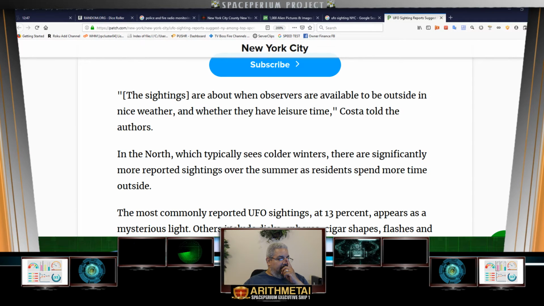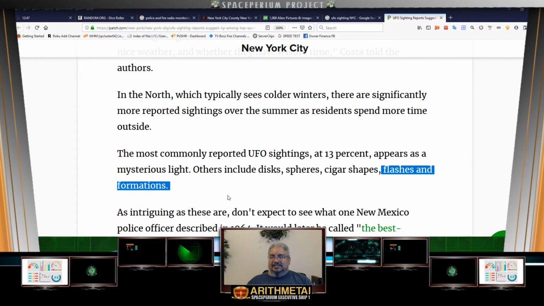The most commonly reported UFO sightings are mysterious lights. Others include discs, spheres, cigar shapes, flashes, and formations. And it's interesting that they would mention the cigar shape because NASA had found an asteroid that was also cigar shaped, and many people were speculating that that was also an alien spaceship.